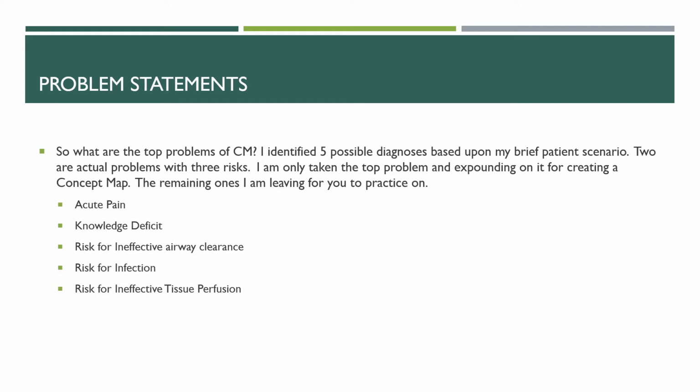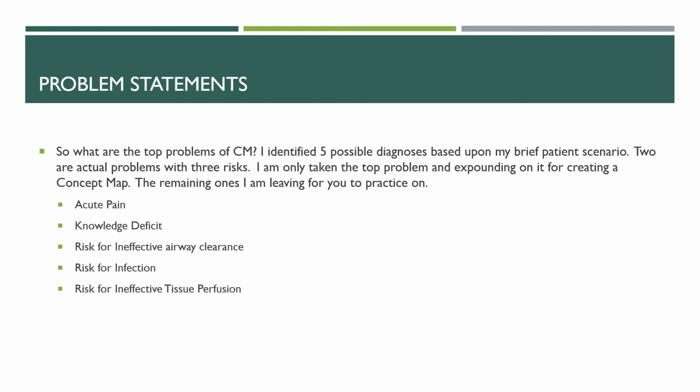I'm only going to take the top problem that I identified and expound on it for creating a concept map. The remaining ones I'm leaving for you to practice on, including adding essential data to them so that you can see how you can create your problem and go from there. Acute pain, knowledge deficit, risk for ineffective airway clearance, risk for infection, risk for ineffective tissue perfusion.